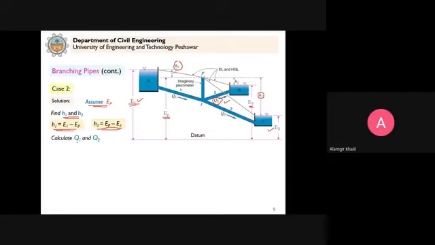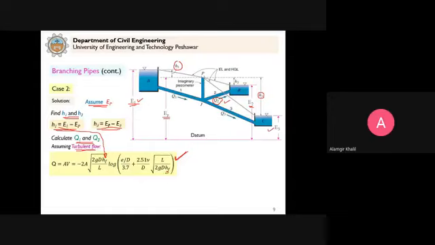Then we have to calculate Q1 and Q3. So we will assume turbulent flow. And how to calculate? We apply the equation that we discussed previously. To calculate Q1 and Q3, you can put H1 and H3 here. You see HF. So this H1, you can put here and here also.